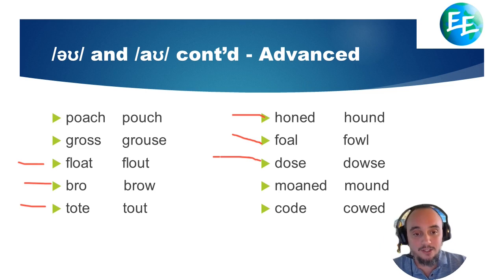And my challenge to you after you watch this video is go back, record yourself reading all of these words, and try to read them 5, 6, 7 times, 10 times each, and then go back and listen to yourself reading them and see if you have made the sounds that we practiced. We have O and we have ow.